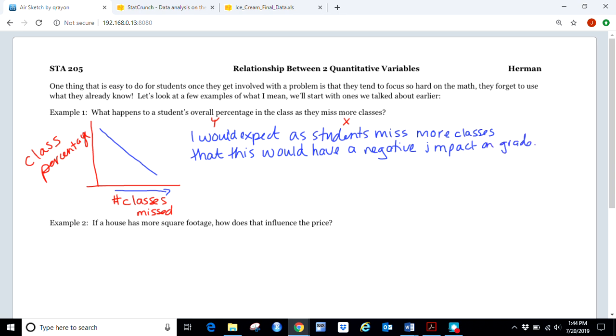So then what we're trying to say here is, so generally, as number of classes missed goes up, I'm expecting their grade, or that class percentage, to go down.